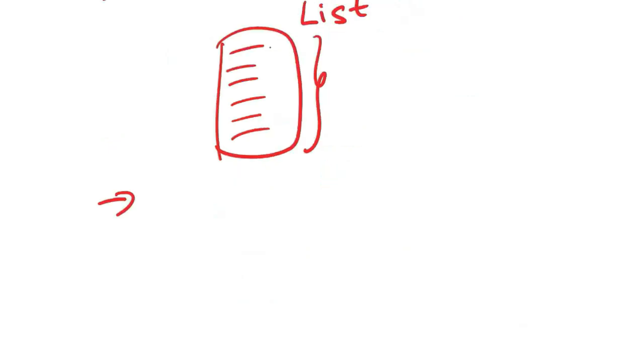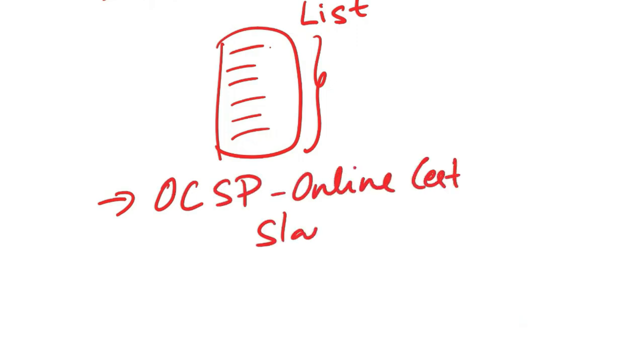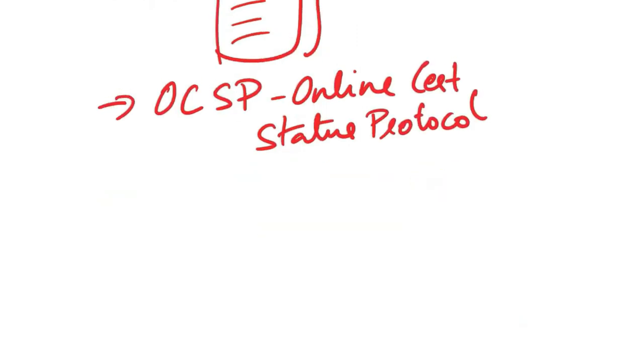The next method to revoke a certificate is OCSP, that is Online Certificate Status Protocol. Like the name suggests, it is an online protocol that allows a relying party to query the CA in real time. This is to check the status of a specific digital certificate. Instead of downloading and parsing a CRL, the OCSP responder provides an immediate response regarding the certificate's validity.